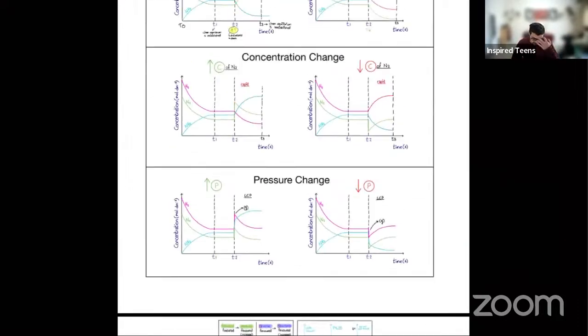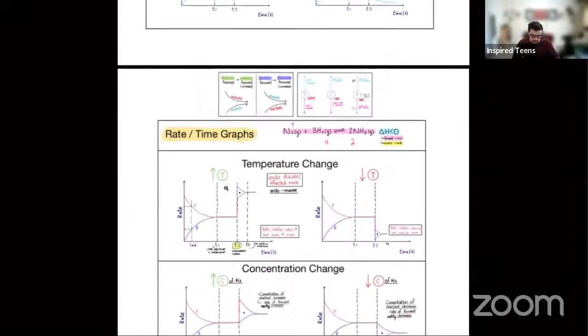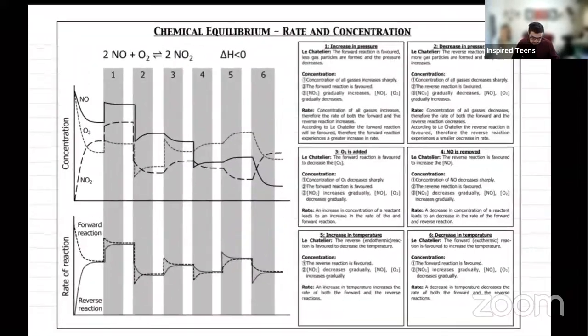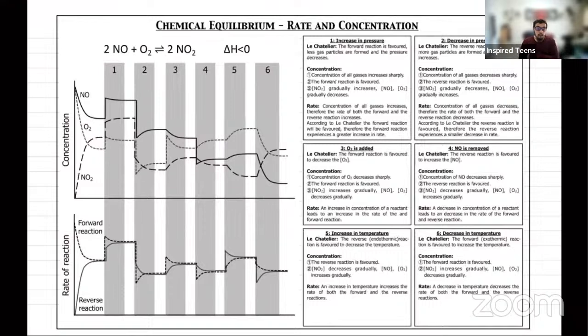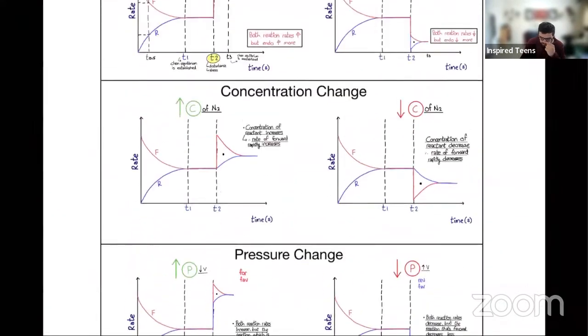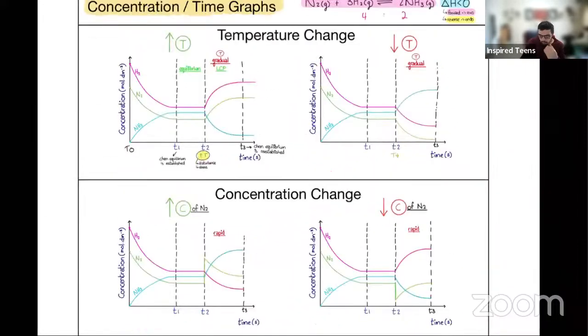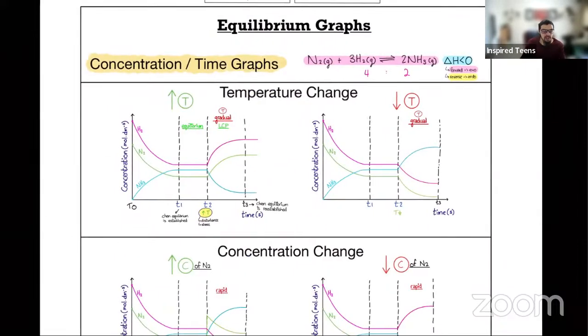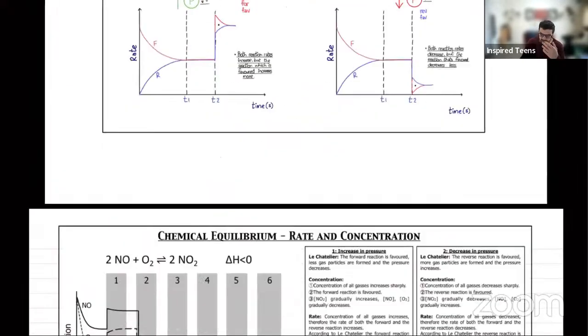So that's graphs done. Again, I hope you understand. What I left here is from Science Clinic. It's a nice summary, and I think it contains every single possibility. You can go through it and see if there's anything you don't understand. For the example we went through, for this specific equation, it shows all the possibilities: increase, decrease, six times over.